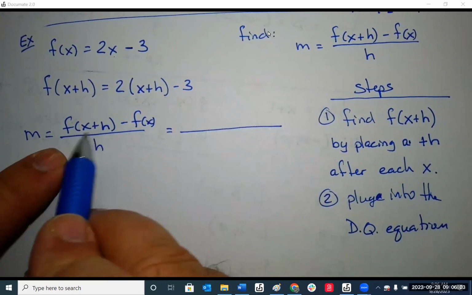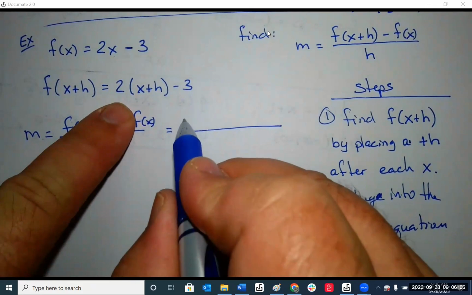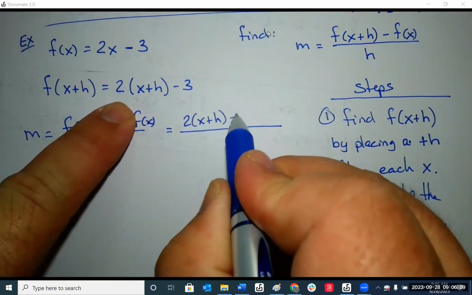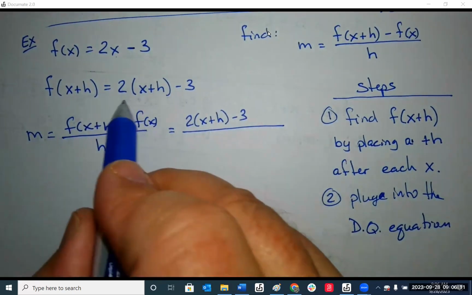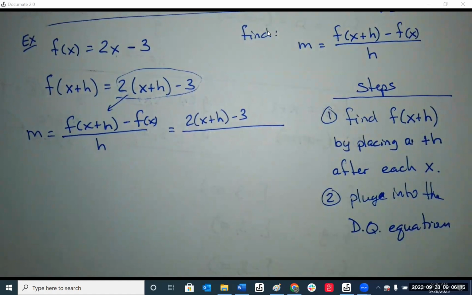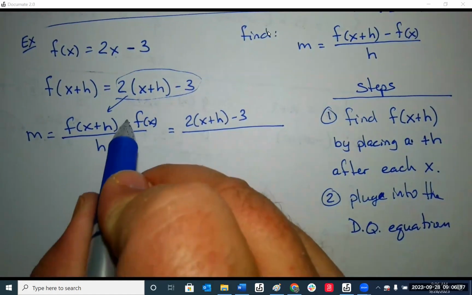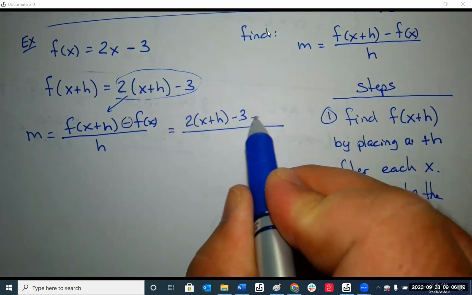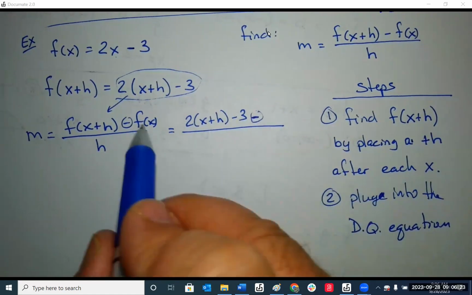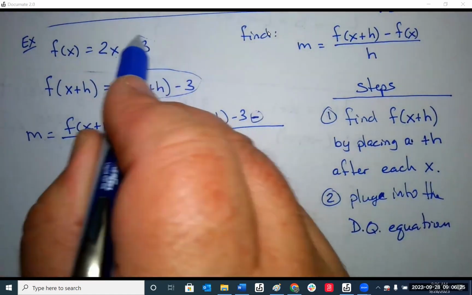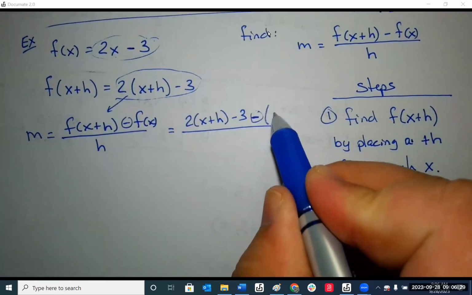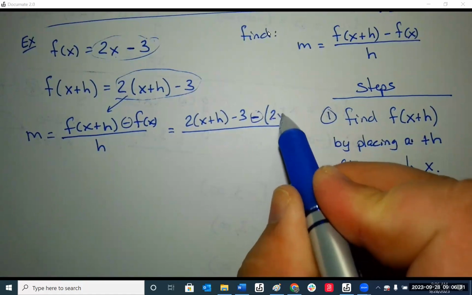So what is f of x plus h? 2 times (x plus h) minus 3. That's the first part. It goes there. There's the minus. And then the f of x goes after the minus. I have to put it in parentheses because it's after a negative sign.